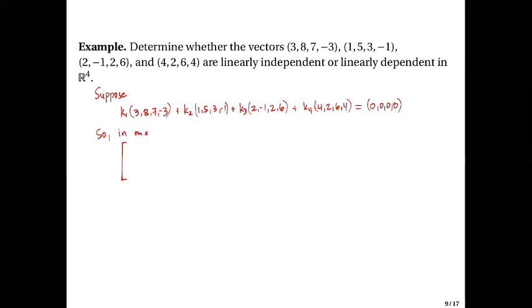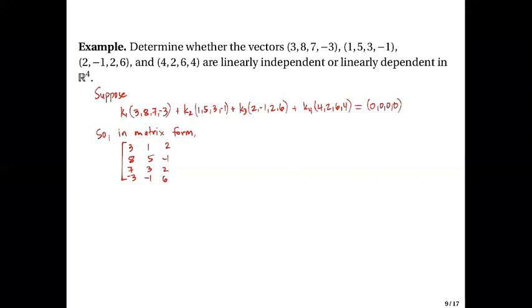So in matrix form, we have 3, 8, 7, -3. Sorry, not that way. This guy here, we have 3, 8, 7, -3. And then you have 1, 5, 3, -1. And then here you have 2, -1, 2, 6.